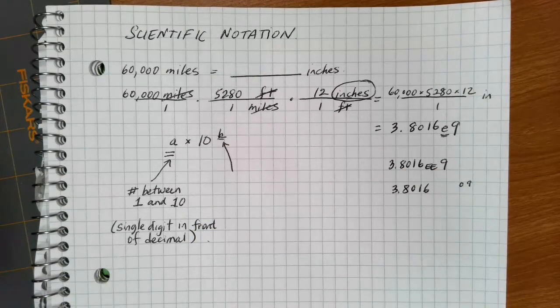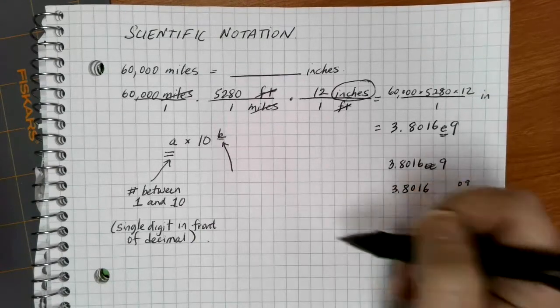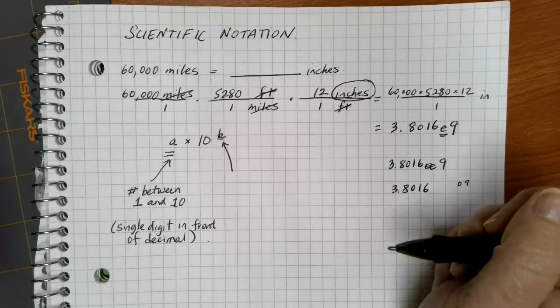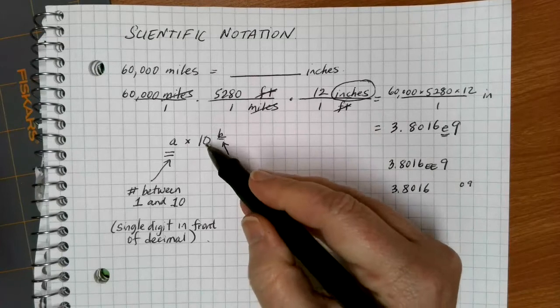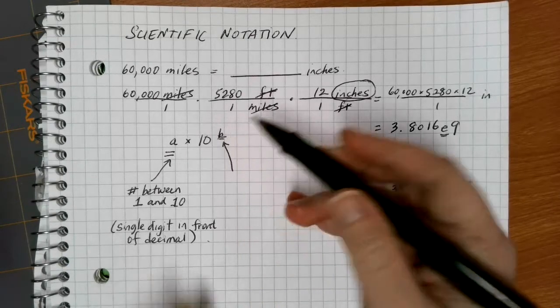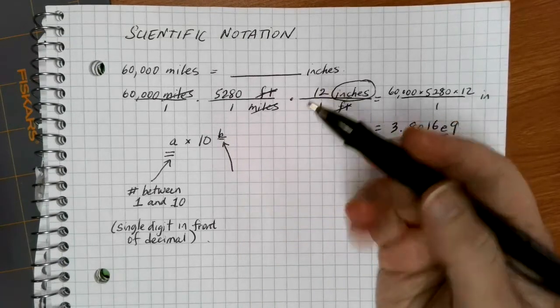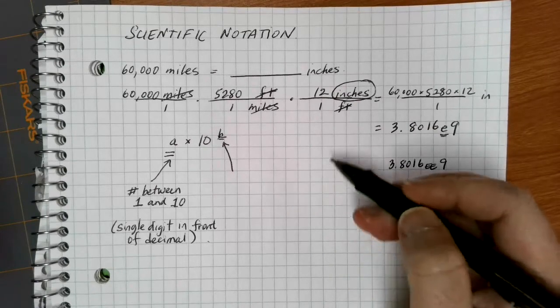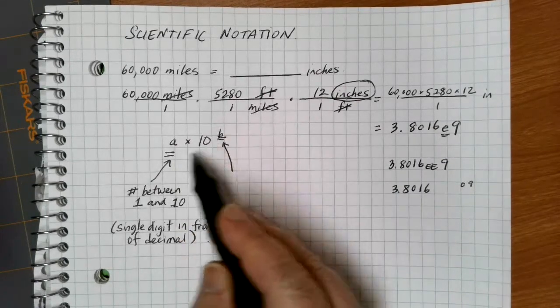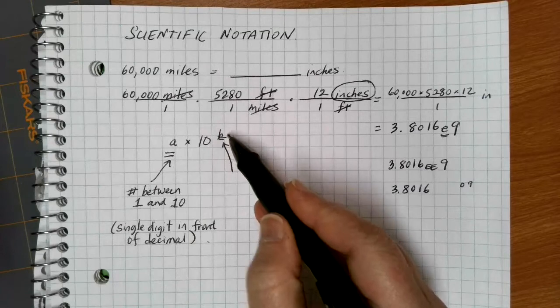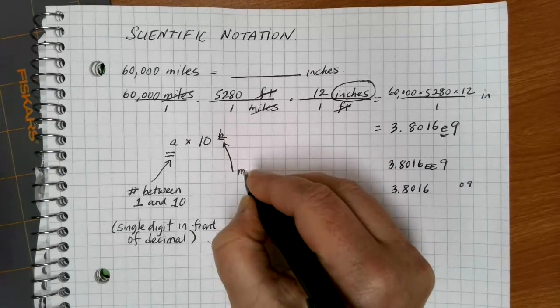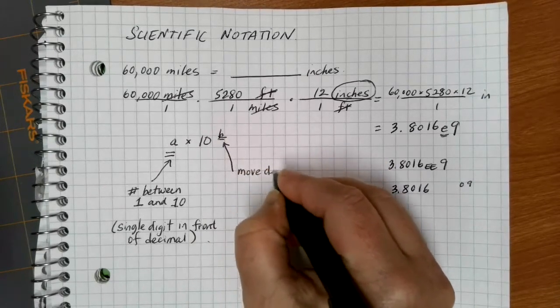Now, we love powers of 10 because our number system is based on 10 digits. So if you think back to maybe converting from decimals to percentages where you have to times by 100 and all you had to do was move the decimal point over, when something's written in this format, this number up here is going to tell you how many places you need to move the decimal.